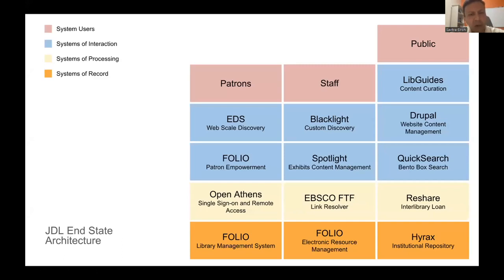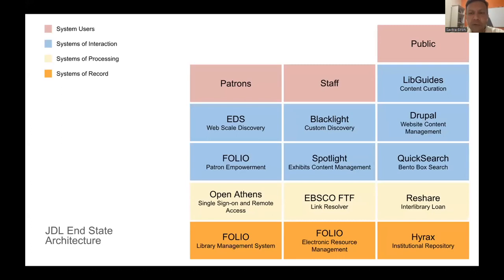We wanted to be flexible in our approach. We would go with whatever worked best for us. But fortunately, given the importance open source software has in the library world, in the US and especially in Europe, we were able to find good open source options for most of the boxes. So you can see most are open source.